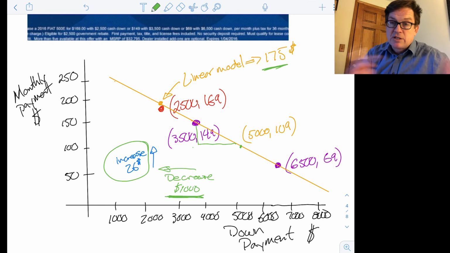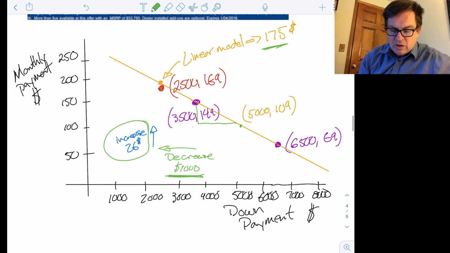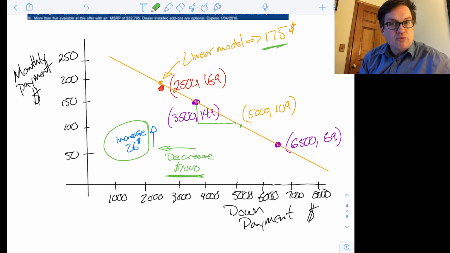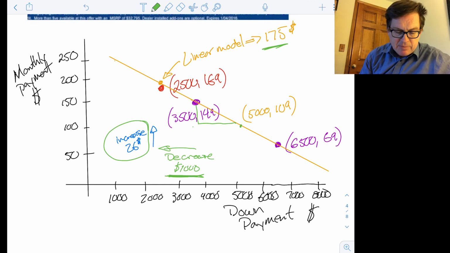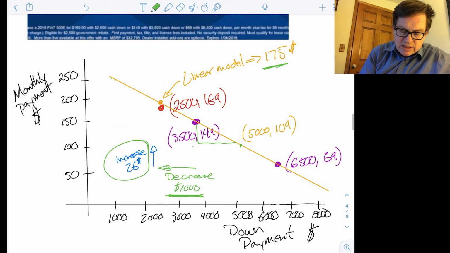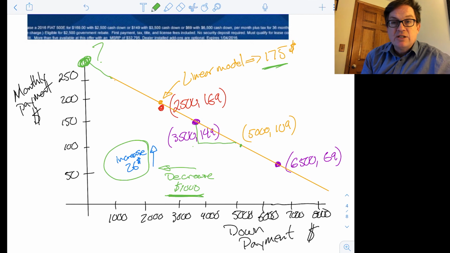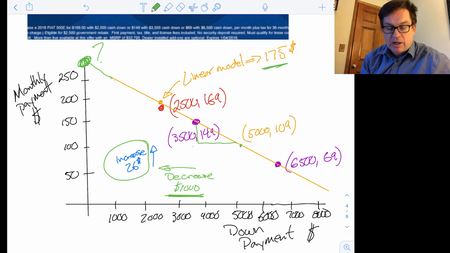So you go in the opposite direction if you decrease the down payment. You can check that these three data points aren't really a linear equation. They're close, but maybe there's something else going on, and I'm not sure what would happen. For instance, if we extended this model back here, if we had zero down payment, if we didn't put anything down, would our monthly payment be around 300? I don't know how the lease options work, but that's what this model would indicate.